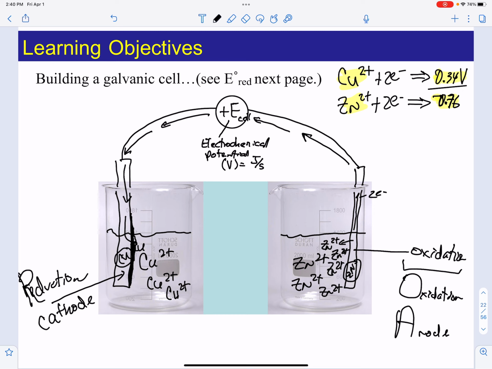And an easier way to remember this: oxidation begins with a vowel, anode begins with a vowel. Reduction begins with a consonant, cathode begins with a consonant.